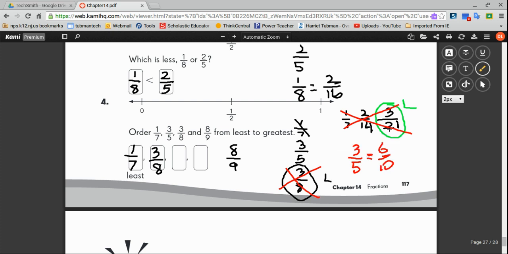So 6/10, if I can think about breaking up a piece into 10 pieces, I color in 6 of them, well, that's just a little bit more than half. Over here, 8/9, that's almost the whole thing, so that means 3/5 is smaller than 8/9. So then I have 3/5, and of course my biggest one is 8/9. Okay? And that's page 117.